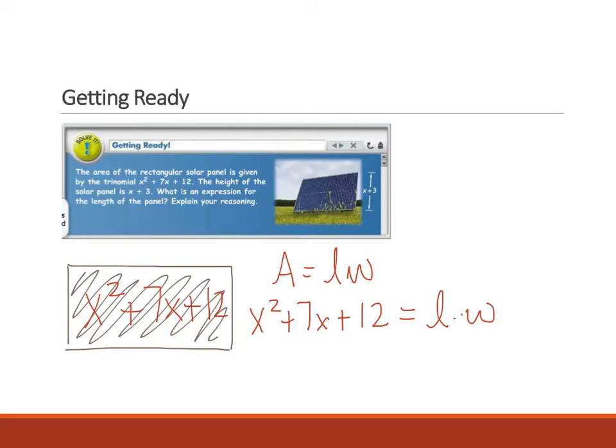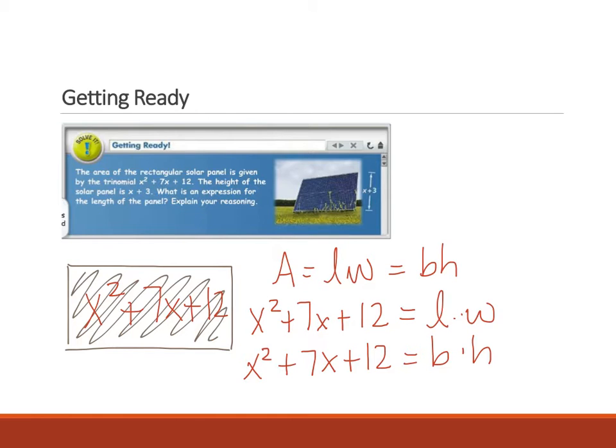Now remember also that length and width can be referred to as base and height. So another way to write this would be that the entire area is equal to the base times the height. Well, they give me another piece of information in the problem.